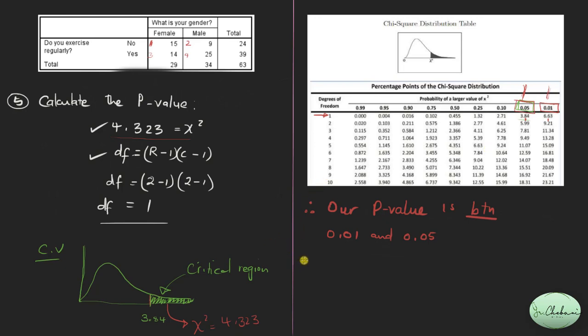From the table, our test statistic falls between 0.05 and 0.01. Therefore, p is less than 0.05. That's the important information we need there. We don't need the exact value of p. We just need to know whether or not it's greater than 0.05, and we can see here that it's less than 0.05.